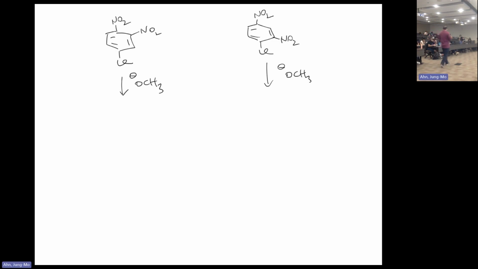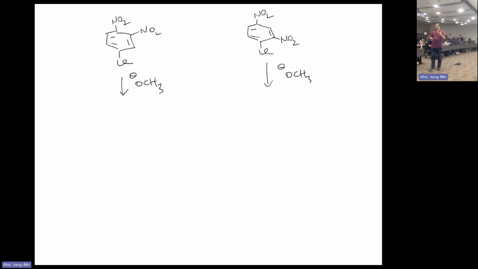If you look at the mechanism of the nucleophilic substitution reaction, the negative charge typically shows up at the ortho and the para positions. So if you want to stabilize that, you want electron withdrawing groups at the ortho and para positions, right? Not the meta positions. That's the clue. But of course, I'm going to show you.